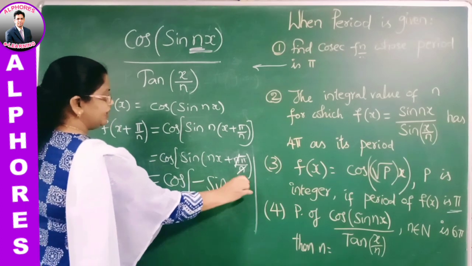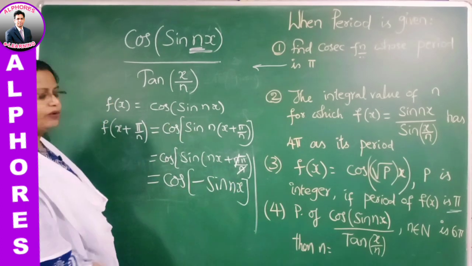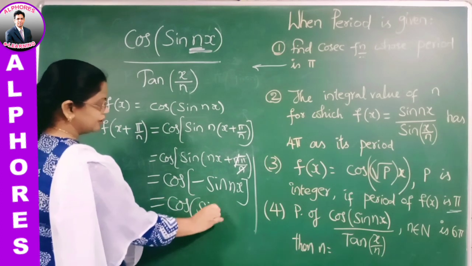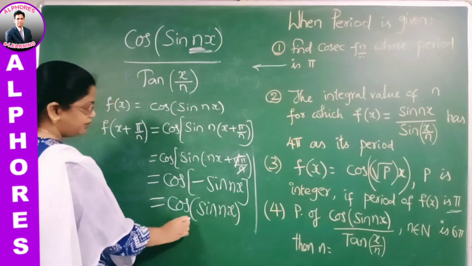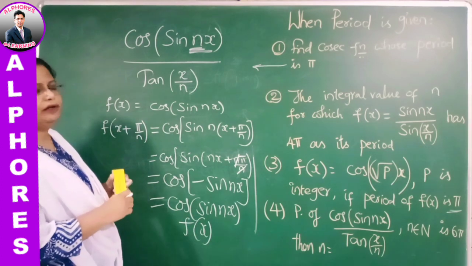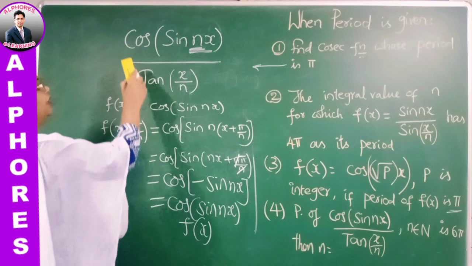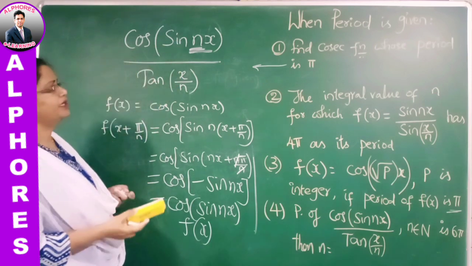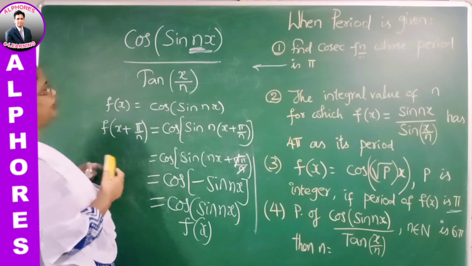But cos of minus theta is cos theta. It is nothing but cos of sine nx. And hence what is the value you got here? f of x. So this is the danger point once you come across a cos composite function or secant kind of composite function.